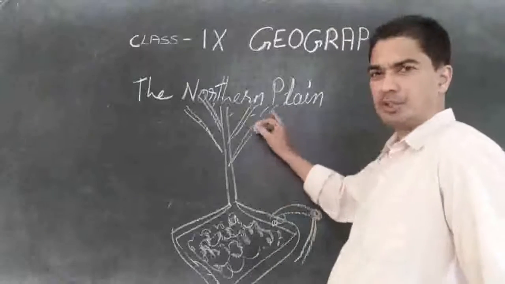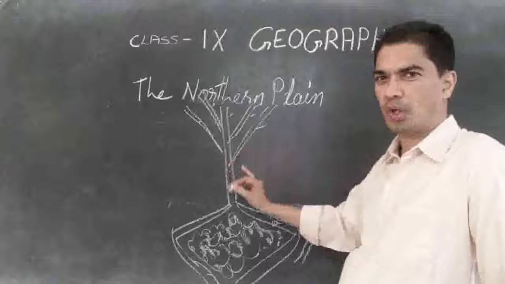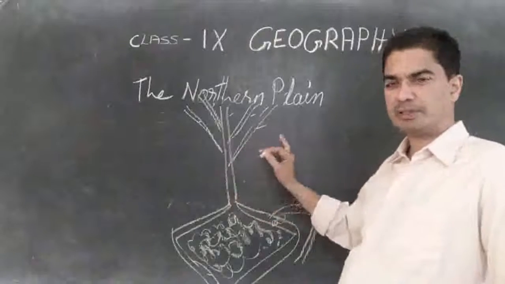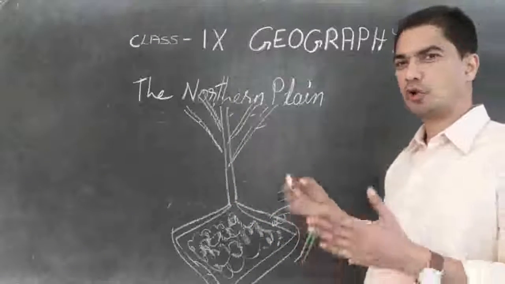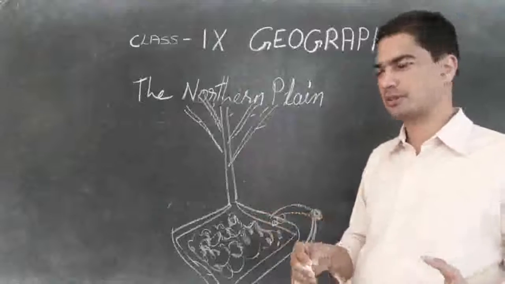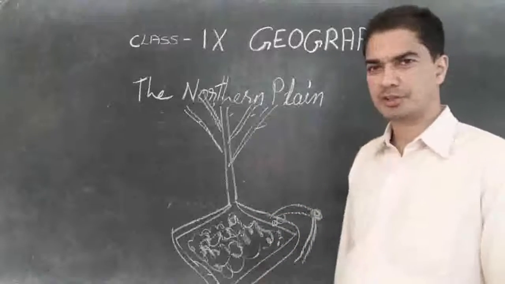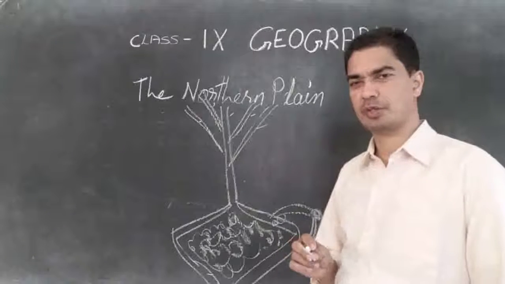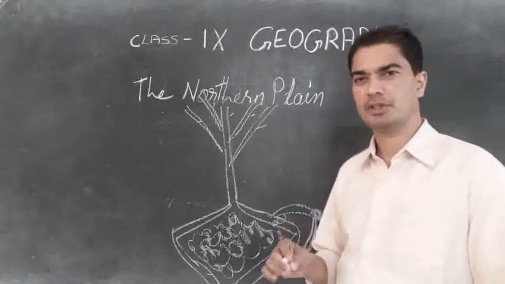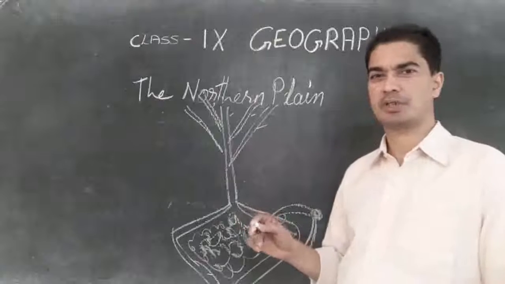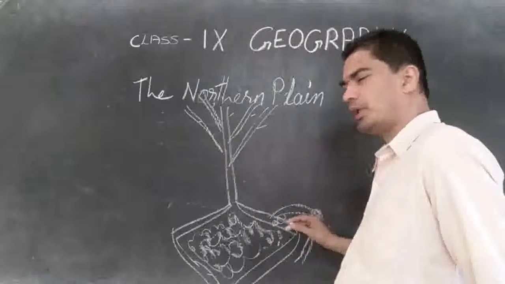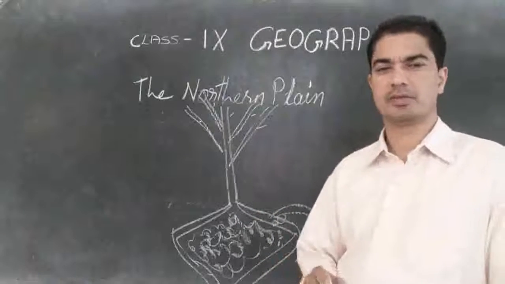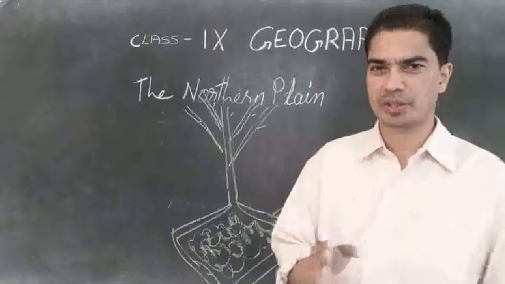Many tributaries join together and become one river, and afterwards that river is divided into so many small rivers, which are called distributaries. And what is the reason for the creation of distributaries? It is because of the depositional work. The soil is deposited there, and therefore the water cannot go straight.